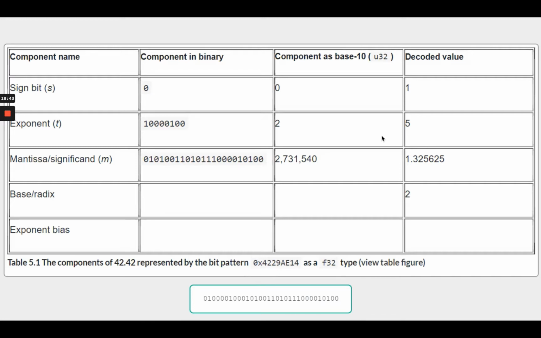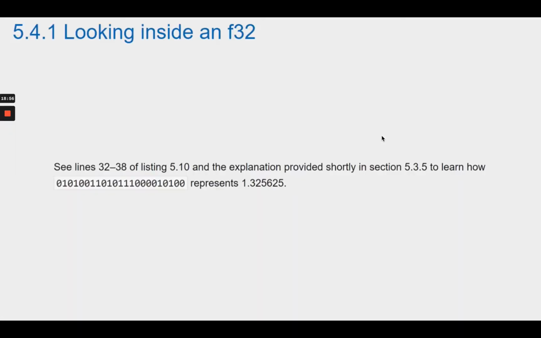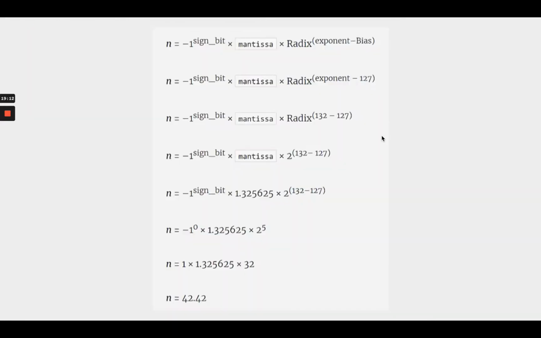That bit pattern is more compactly represented as 0x4229AE14. Table 5.1 shows the values of each of the 3 fields and what those represent. Note: see lines 32 through 38 of listing 5.10 and the explanation provided shortly in section 5.3.5 to learn how this binary number represents 1.325625.